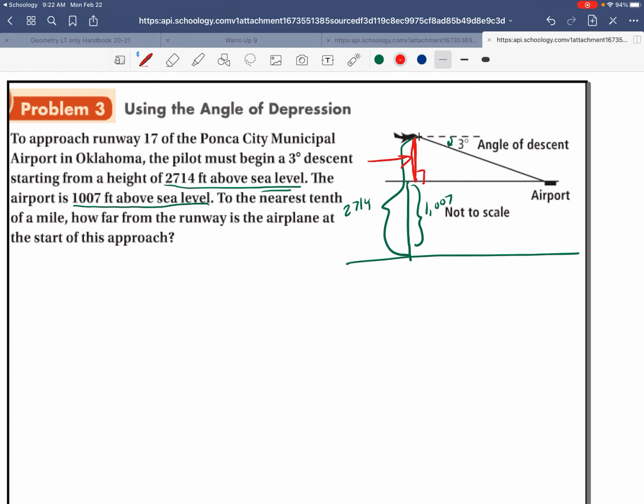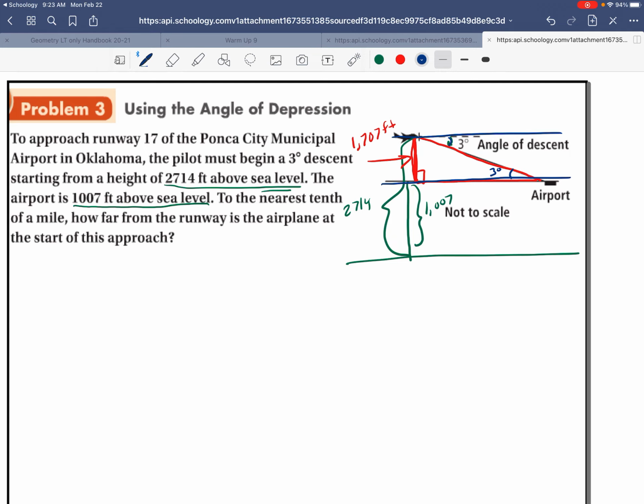And that length right there is going to be 1,707 feet because we subtracted. So now that we've got this, we can form our right triangle here. This airplane's going at an angle of descent of 3 degrees. We know that all horizontal lines are parallel. So with these two lines being parallel, this will also be 3 degrees because they're alternate interior angles.